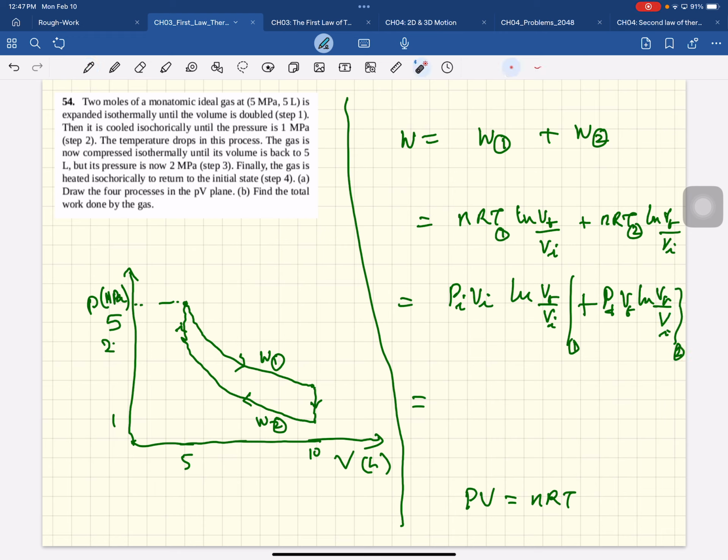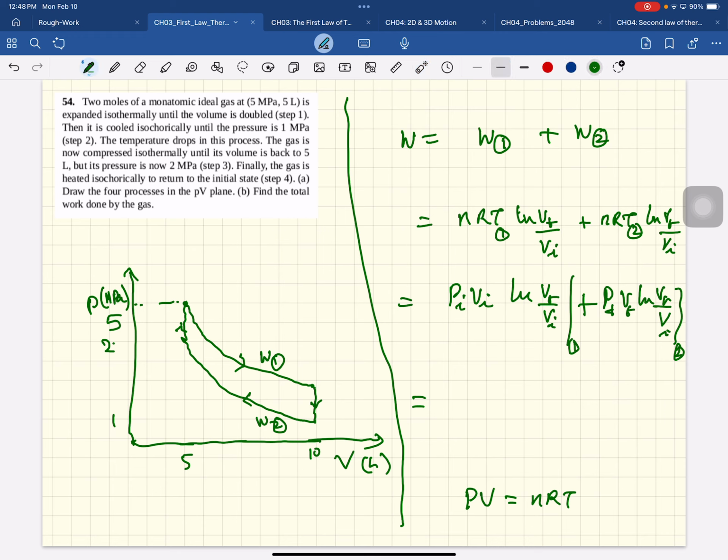All right, for this process, we'll take the pressure and volume over here. The pressure there is 5 megapascals, and the volume is 5 liters. And for this process, the final volume is 10 liters. The initial volume is 5 liters.